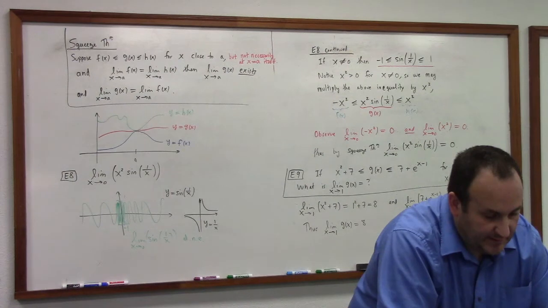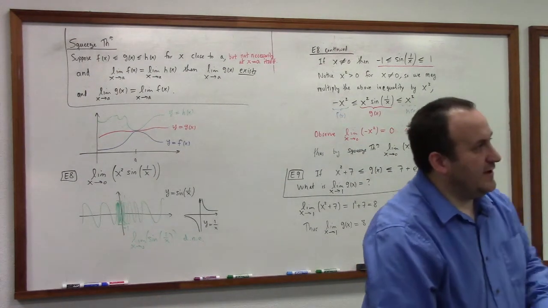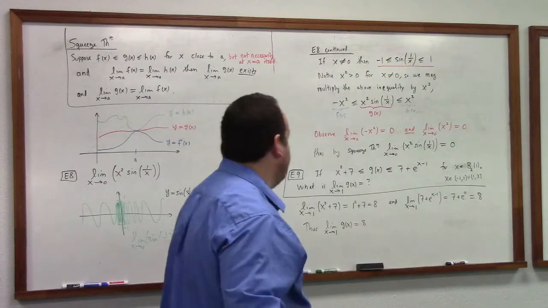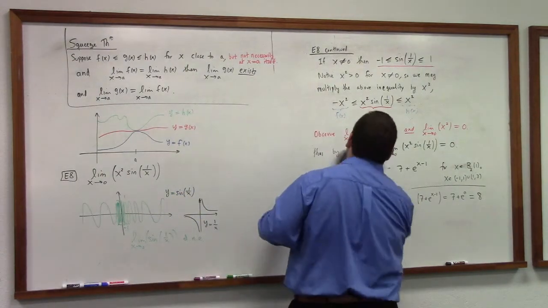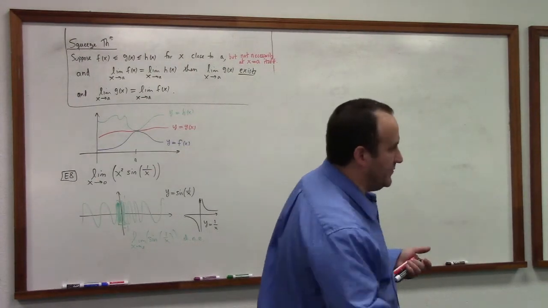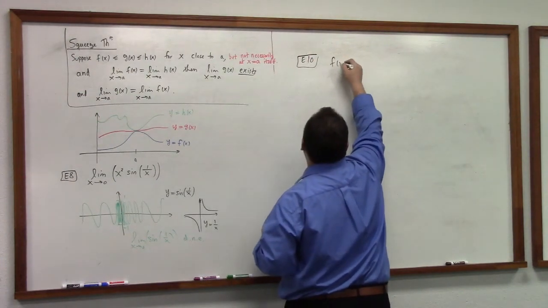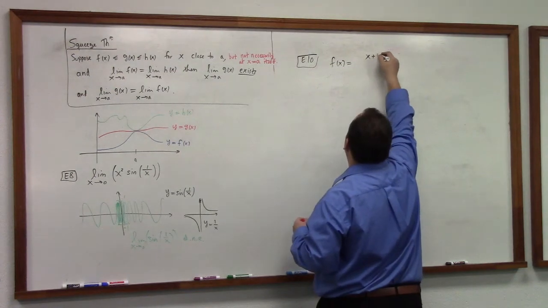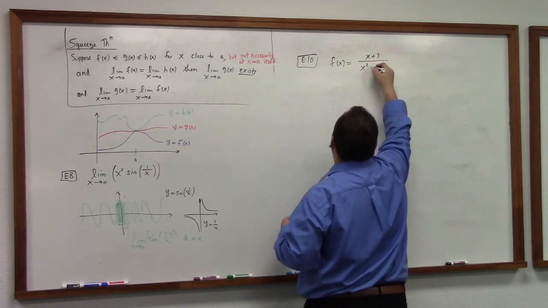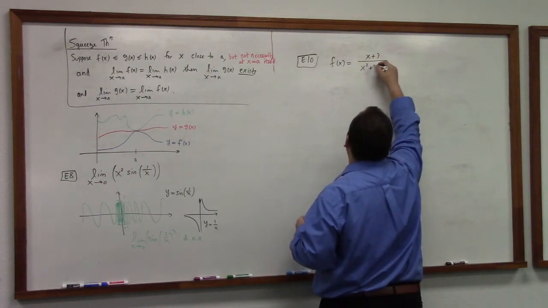For problem 23, I give you a rational function, and I say, find all a which give a finite limit. Actually, I think I should work a problem like 23 for you guys right now, before we go. Here's a simpler version of problem 23. Suppose you had f of x equal to x plus 3 over x squared plus 6x plus 5.